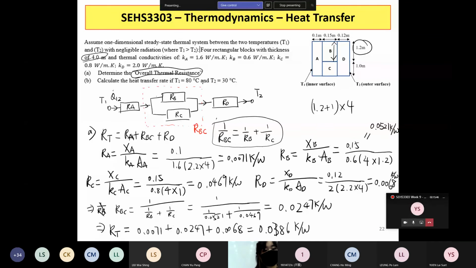We know the temperature difference. We know the total resistors. So Q12, the conductive heat transfer rate, equals delta T over the total thermal resistor, right?